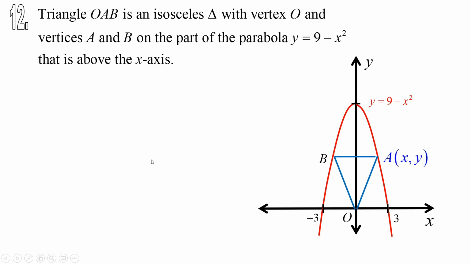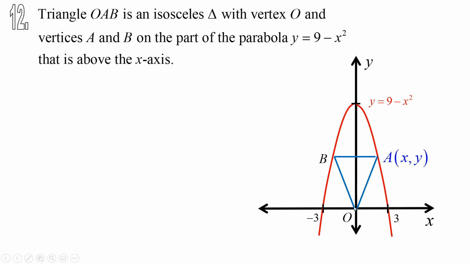Okay, here's our last problem. Again, like number 11, this looks way more complicated than it is. Let's use all the tools that you have and your critical thinking skills, and you can make this a piece of cake. So, number 12, triangle OAB.